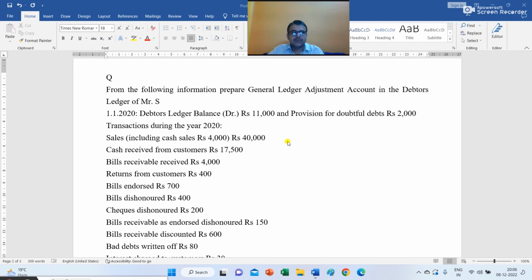Cash received from customers rupees 17,500. Bills receivable received rupees 4,000. Returns from customers rupees 400.